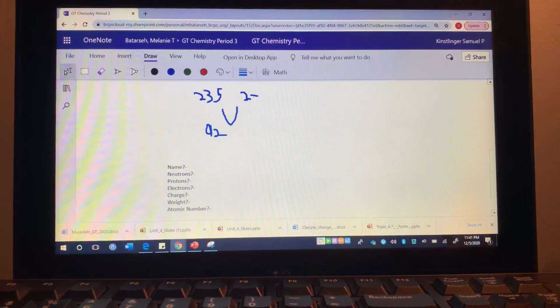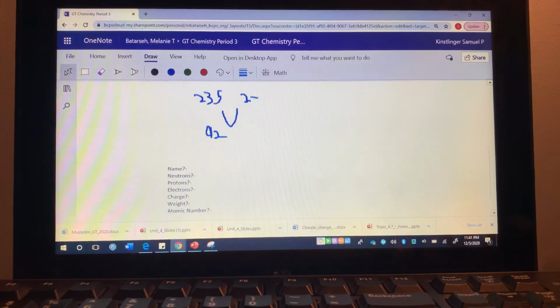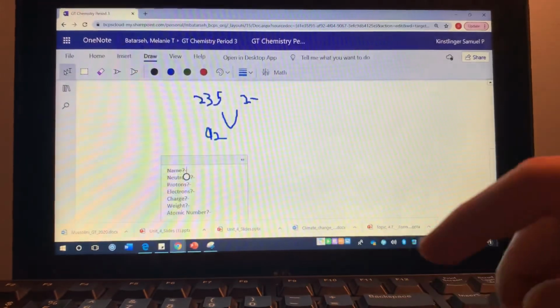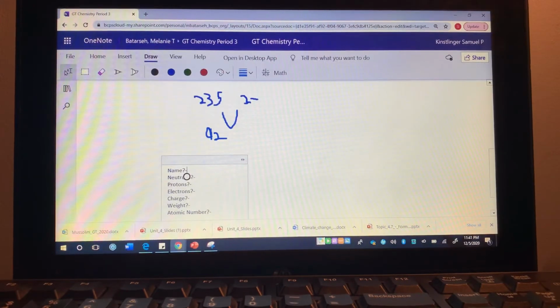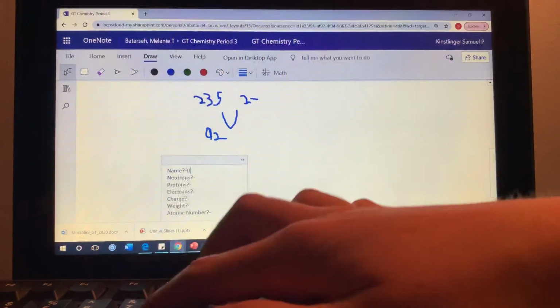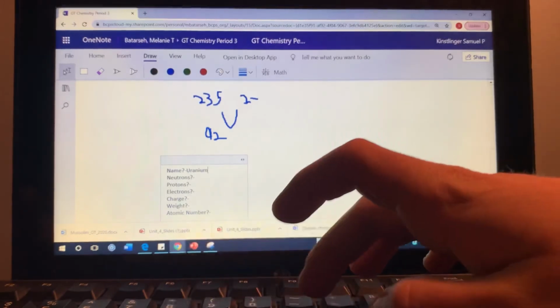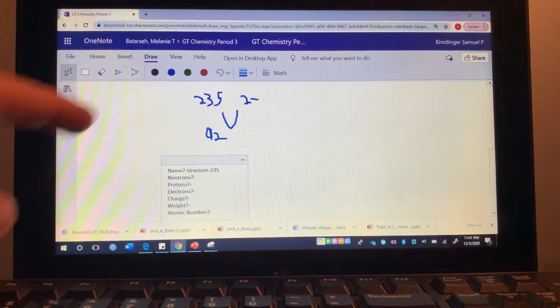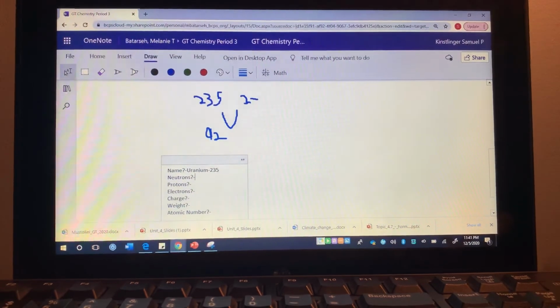It is commonly used to make energy with nuclear fission. Now, the name, as we see, I'll go by this one a little quicker. It's the element name, which is uranium, followed by the weight, which is 235. So the amount of neutrons is going to be 235 minus 92.